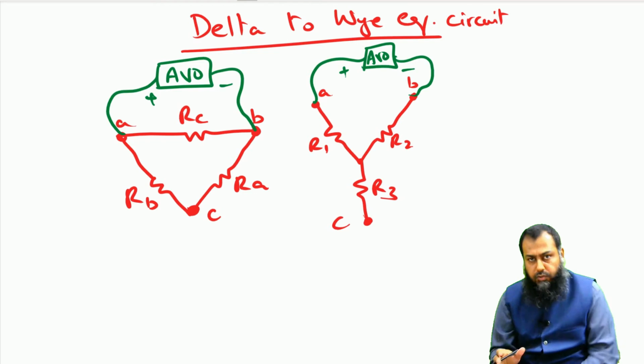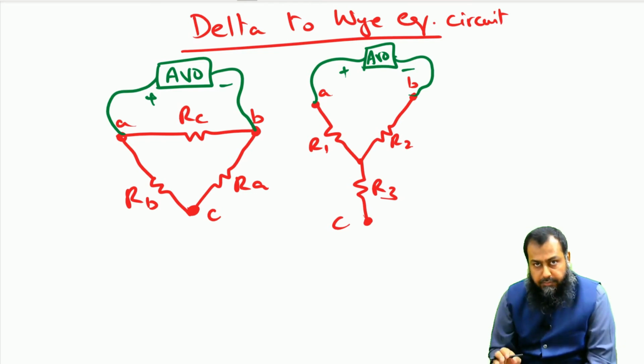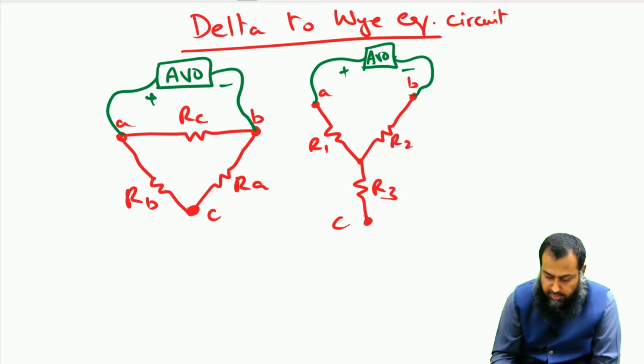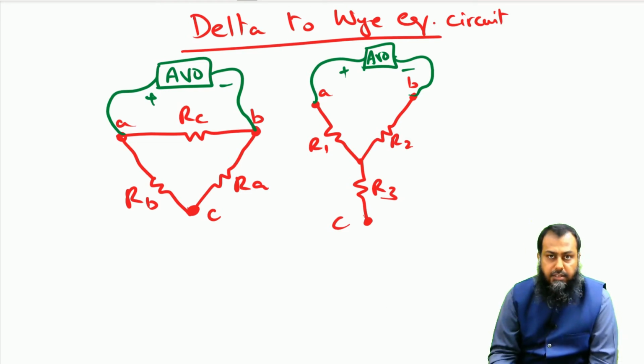Now, if I connect these two things, then I should get the same value of the resistance as seen by this delta network and as seen in this Y network.